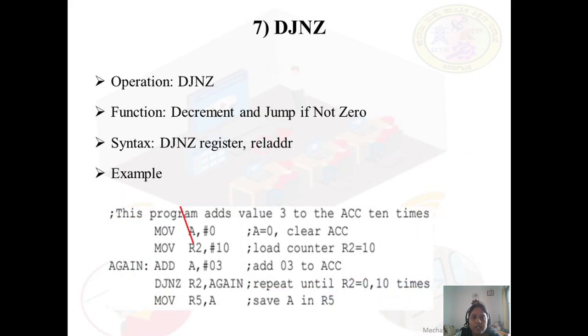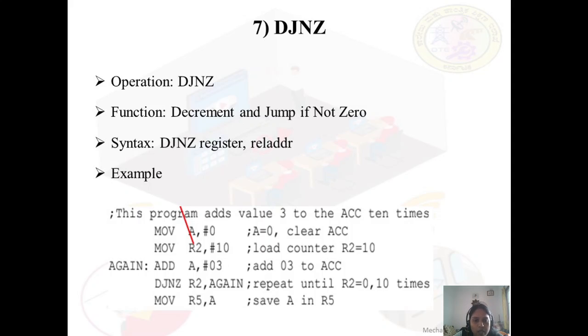Next one is DJNZ. DJNZ means decrement and jump if not 0. Okay. The syntax is DJNZ register, relative address. Let us consider an example. See here, this program adds the value 3 to the accumulator 10 times.